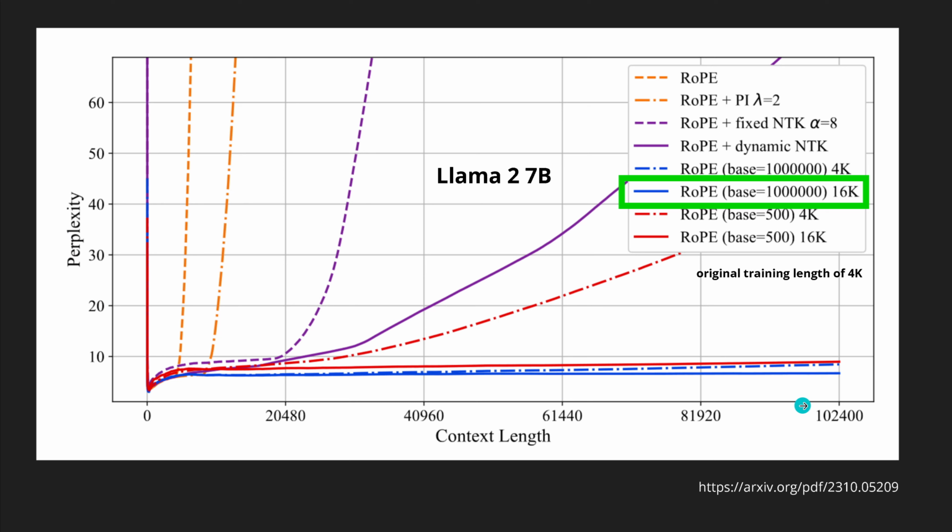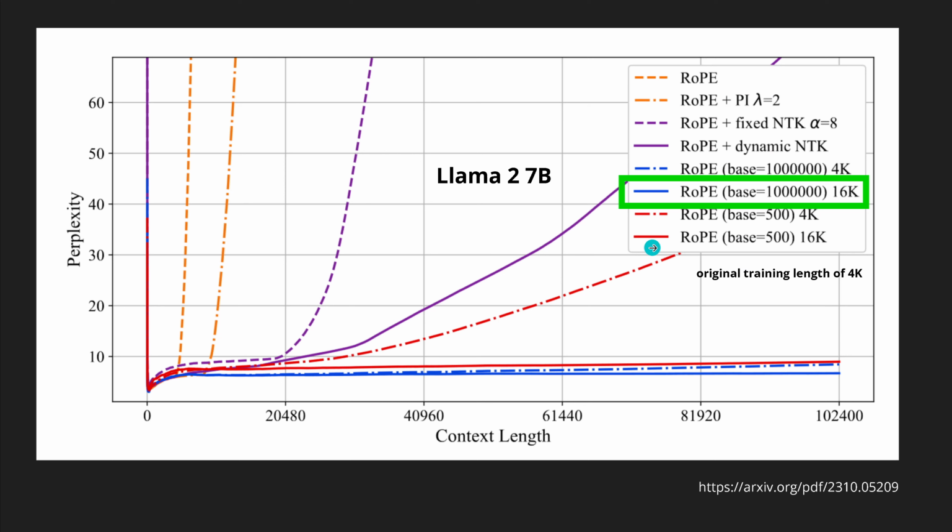So this means if we change here the base of our theta for the positional encoding in rope, for a Llama 2 7B, yes, there seems to be a possibility to go really up to a context length of 100K. And this is amazing that they did here all these experiments, and you see here all the other data.